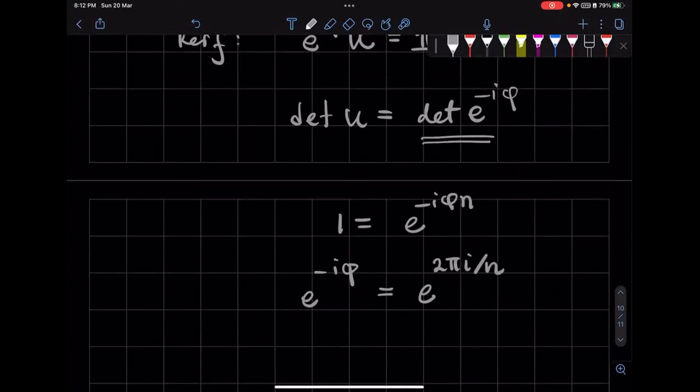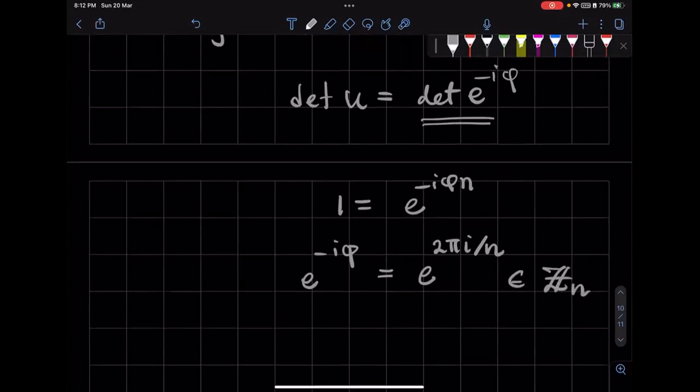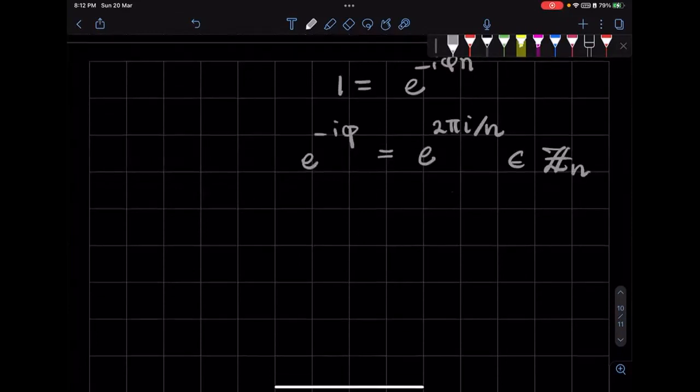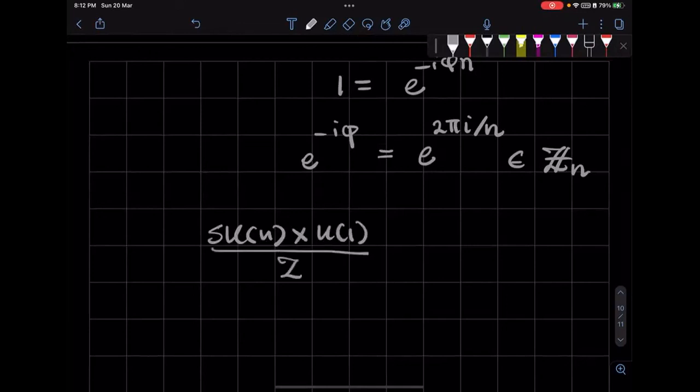You can put a minus sign if you like. Therefore, this is an element of Zn. So we see that the kernel of that map is Zn, and therefore SUN cross U1 over Zn is equal to UN.